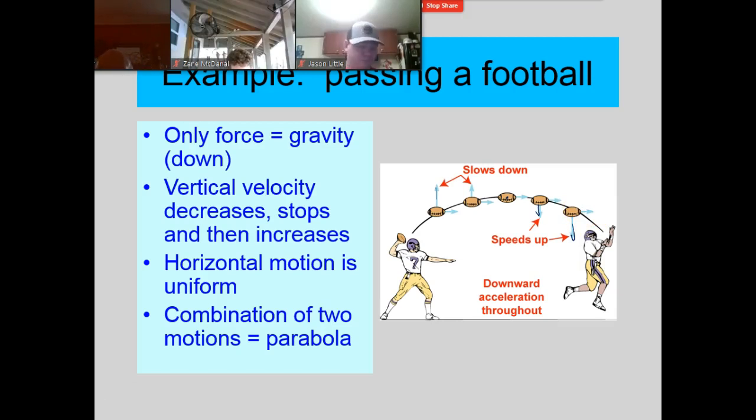No matter what you're doing, throwing a football, kicking a football, hitting a baseball, throwing a baseball, it doesn't matter. The only exception to this is dunking a basketball. That's not a parabolic shape, it's just going straight down. I don't do that, never have, never will, so I don't even include that. But that's what gives the shape of that.